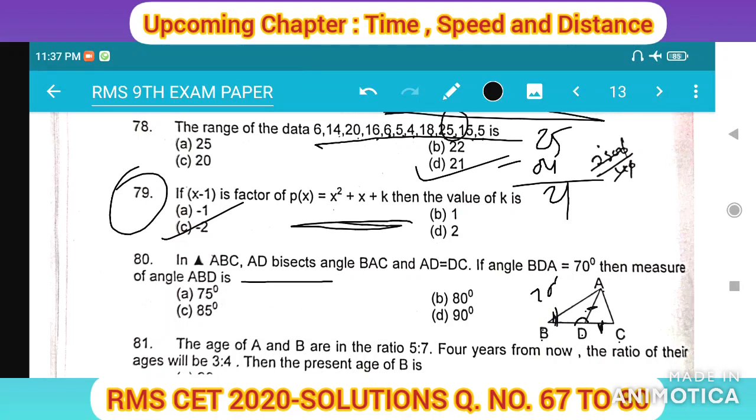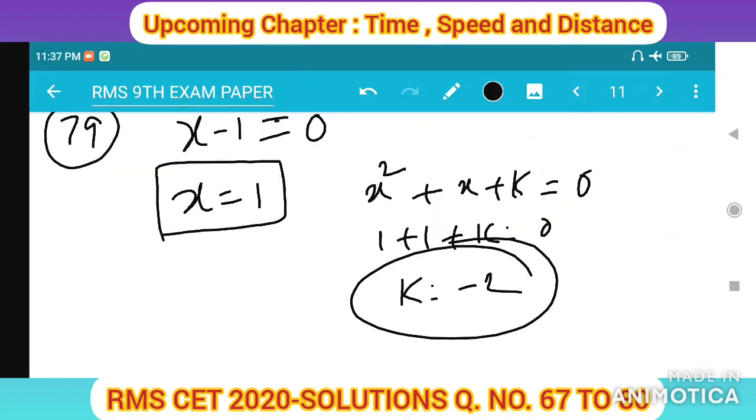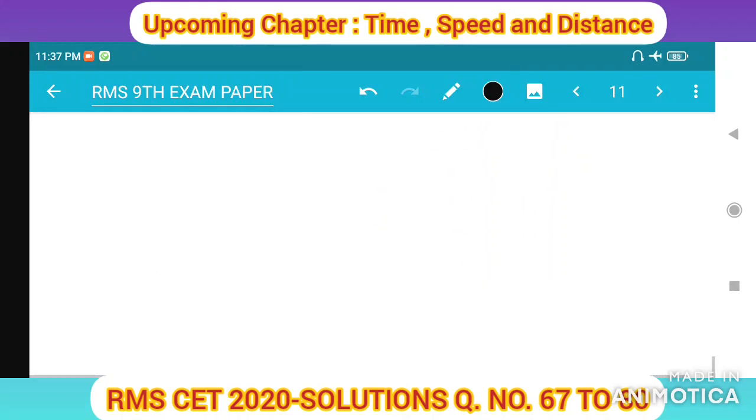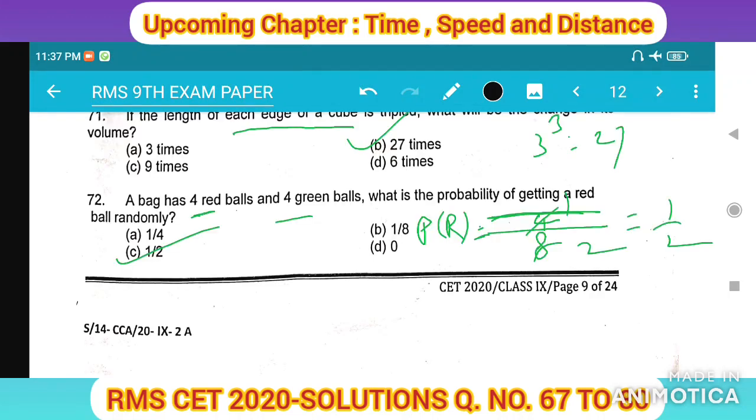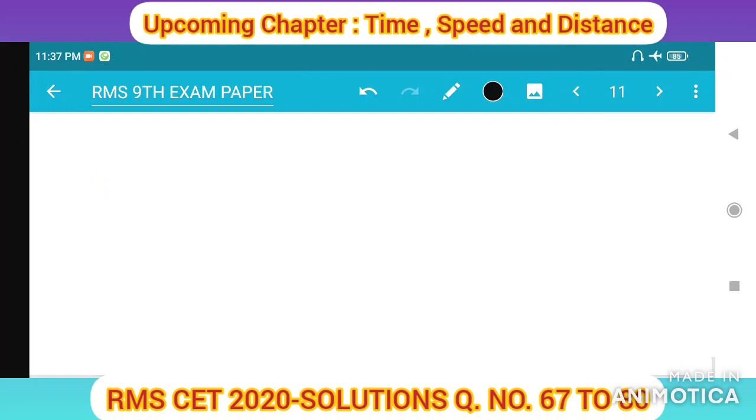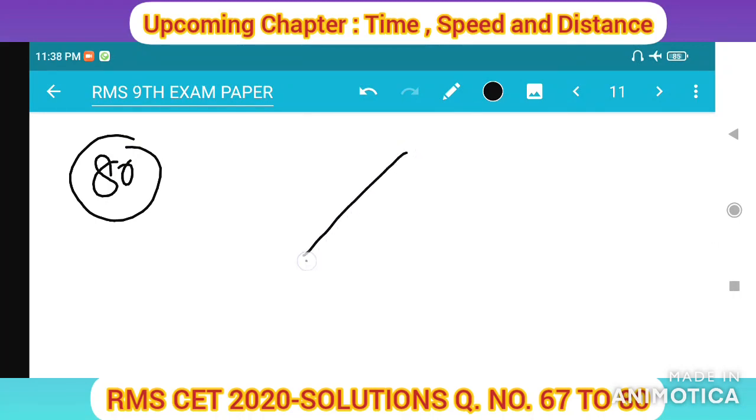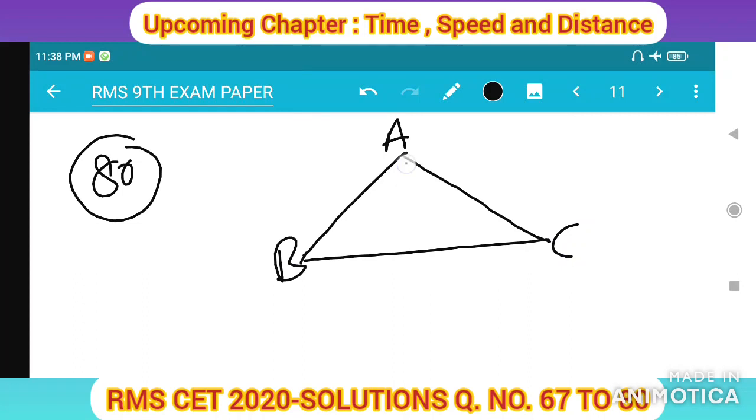Understood? I am explaining now. This is the 80th question. This is A, this is B, and this is C. AD is drawn as a perpendicular here.